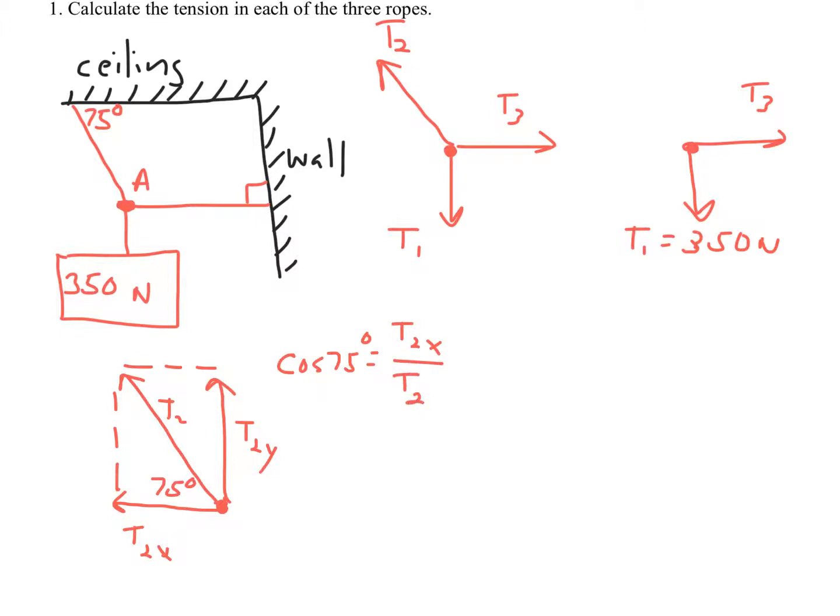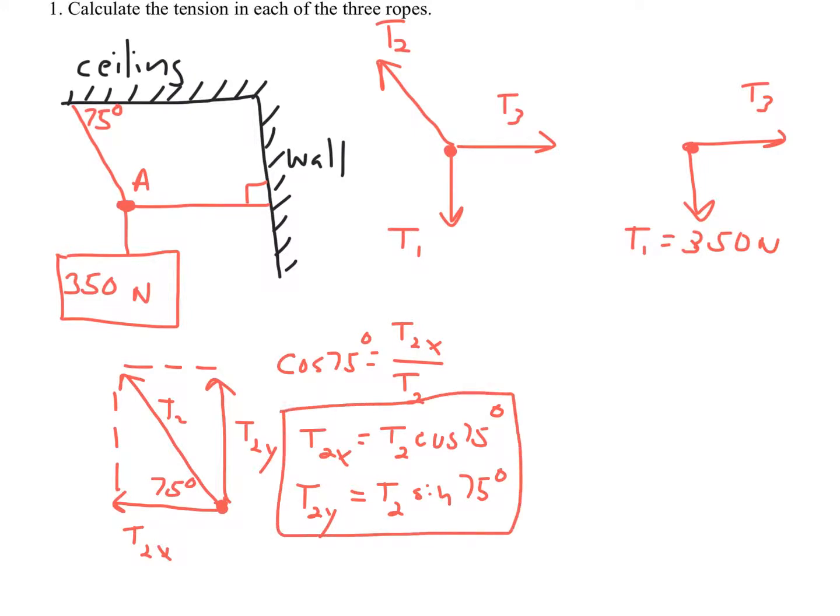In other words, T sub 2x equals T sub 2 times the cosine of 75. And likewise, T sub 2y is going to equal T sub 2 times the sine of 75 degrees. So those are important ideas there. I'm going to box those off.